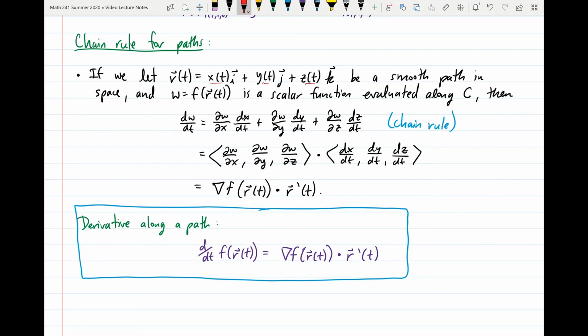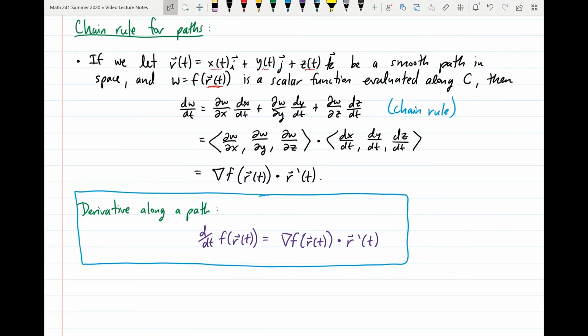So the function f is going to take in points on the curve r(t) and output some scalar w. So f is still going to be a scalar function evaluated along the curve c.